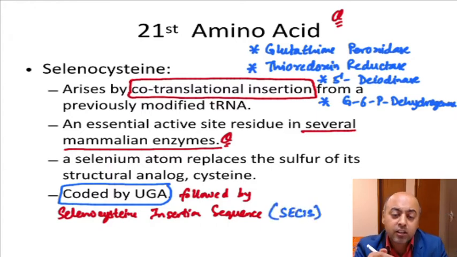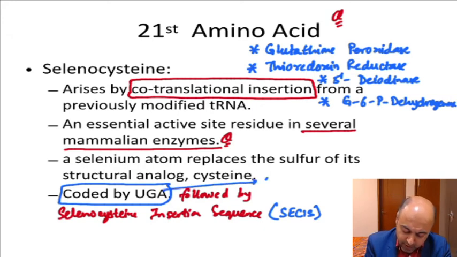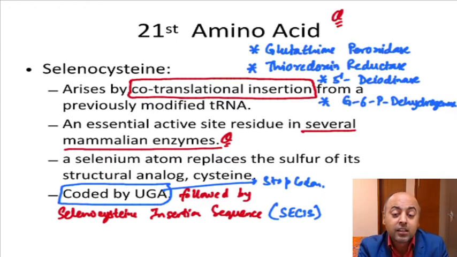If this sequence is not there, then the UGA will work as a stop codon. But if this sequence is there, then the UGA will code for selenocysteine. Selenocysteine can get incorporated at this point. Is this point clear? Okay, great.